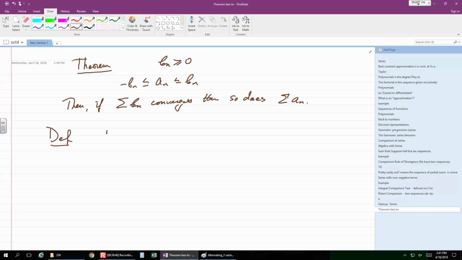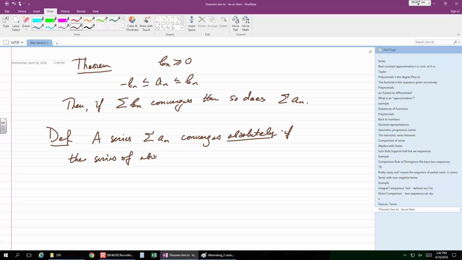Definition: a series sum a_n converges absolutely if its series of absolute values, the sum of absolute value a_n, converges.